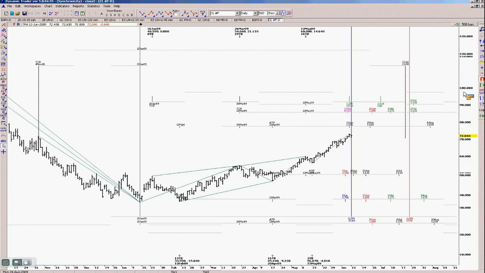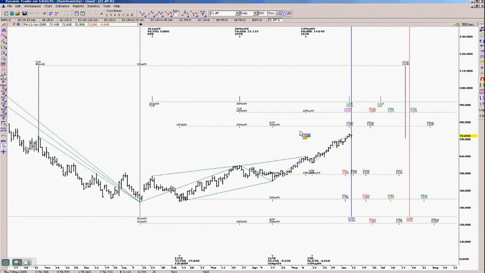Now, does that mean that you're supposed to go in there and short everything every time you see an 89 tick chart go red? No, it's dangerous.